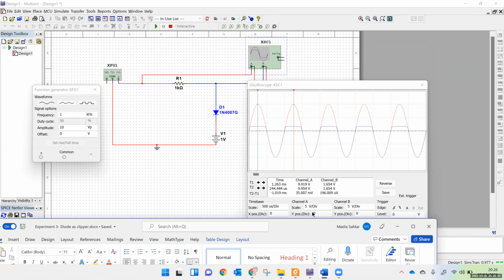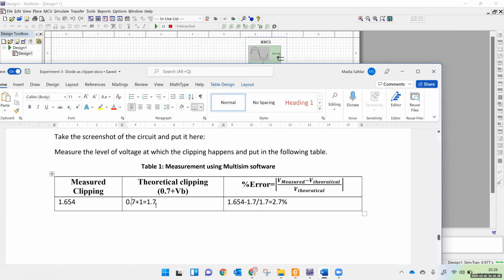Theoretically, for an ideal diode, 0.7 should be the voltage drop across it, plus the 1 volt DC, so it should be 1.7. Then here I will calculate the error. How much is the error? The measured 1.654 minus the theoretical 1.7, divided by 1.7. This is almost 2.7 percent.